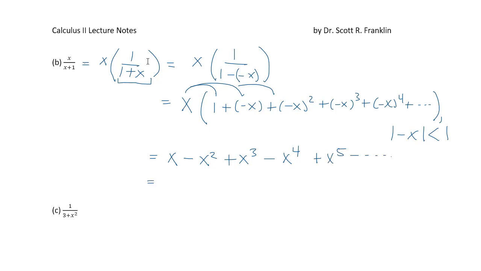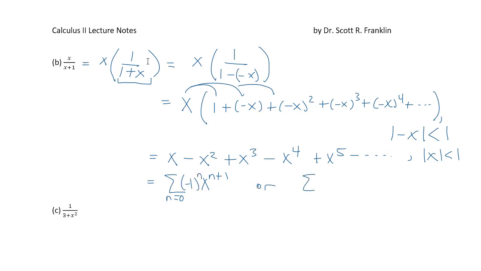So if I want to write that as a summation, oh, and by the way, absolute value of negative x is just absolute value of x, so that's still just for the absolute value of x less than 1. Then, let's see, you can do this a couple of ways. It looks like my power, if it's just going to be n, I could start at 0 and start at n plus 1 up here and then make my -1 to the n.